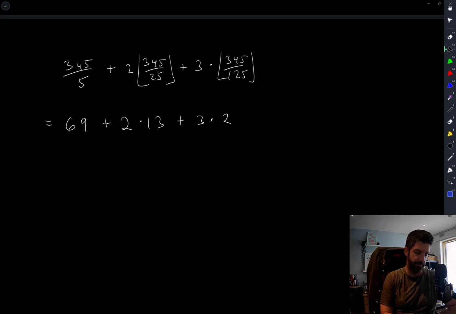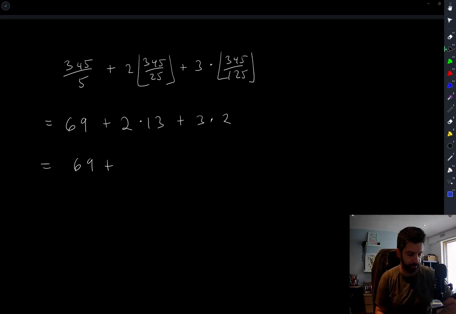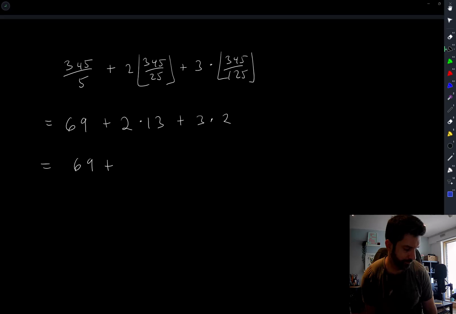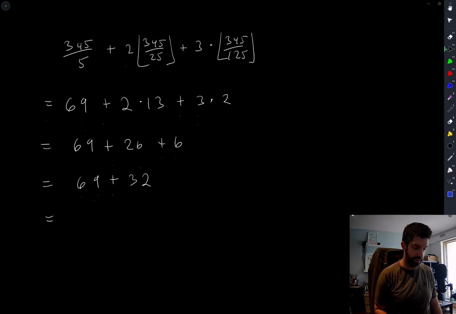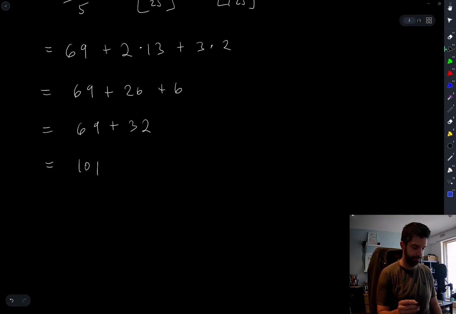And this is 2. 69 plus 26 plus 6, 69 plus 32. That's too big. This is 101.